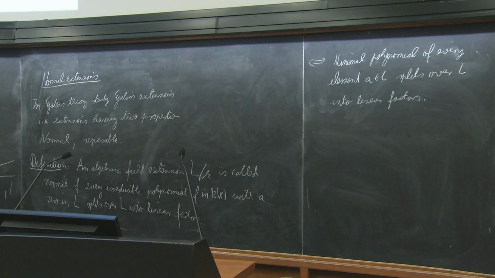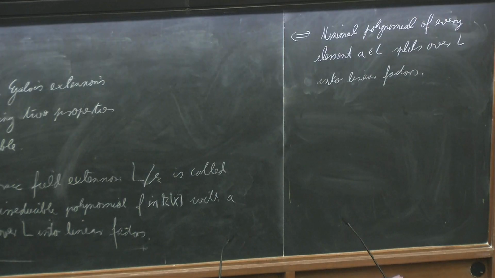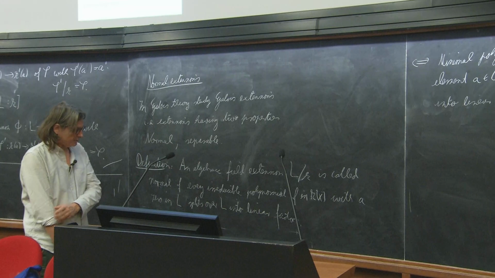So in other words, if you have an irreducible polynomial with coefficients in the smaller field which has one 0 in the bigger field, then all its zeros must lie in the bigger field.